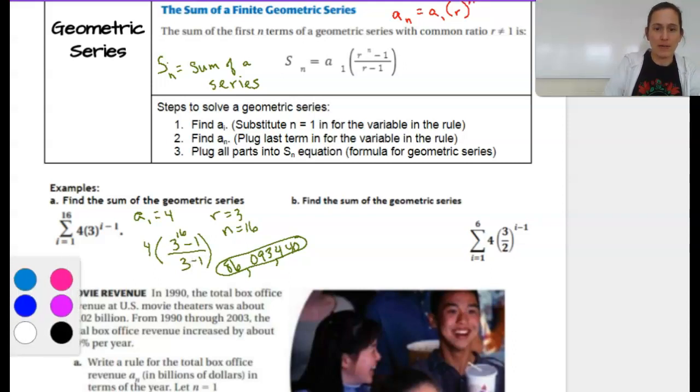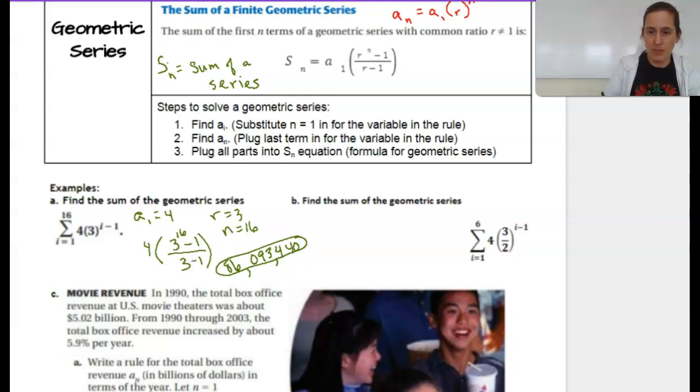In this one, we have sigma, which means sum. This time, we're also starting with 4, and our ratio is 3 over 2, and we know n is 6.